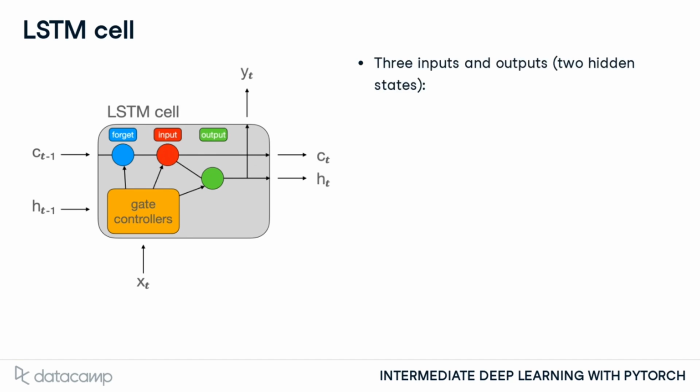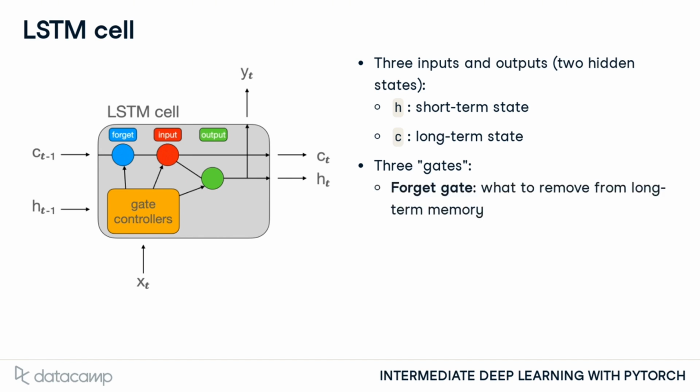The LSTM cell has 3 inputs and outputs. Next to the input data x, there are 2 hidden states. H represents the short-term memory and C the long-term memory. At each time step, H and X are passed through some linear layers called gate controllers, which determine what is important enough to keep in the long-term memory. The gate controllers first erase some parts of the long-term memory in the forget gate.